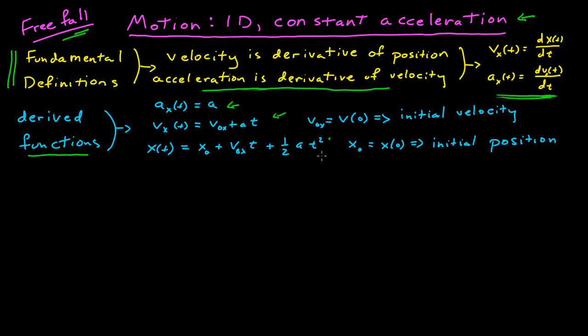Now, these are all vectors, but we found in one dimension we can just work with the components where the sign, positive or negative, gives us information about the direction along the singular one-dimensional axis. And here we've identified the initial velocity is the velocity function evaluated at time equal to 0. The initial position is the position function evaluated at time equal to 0.